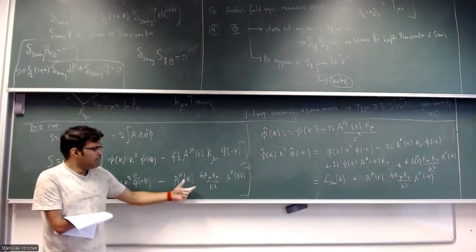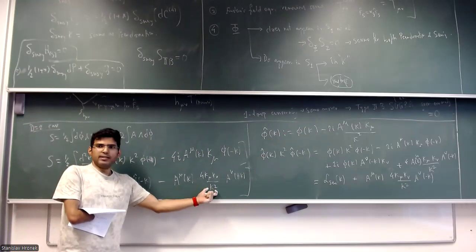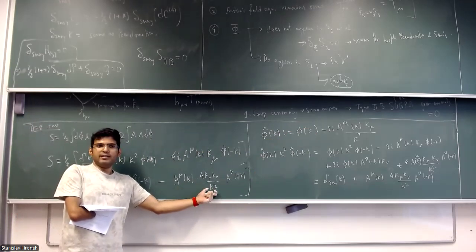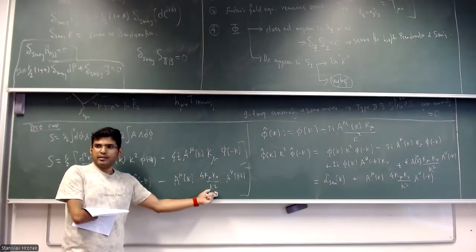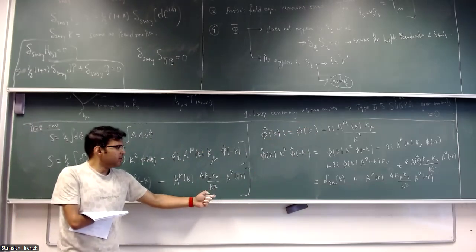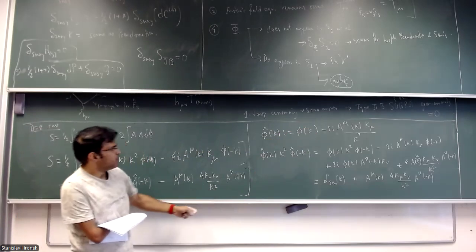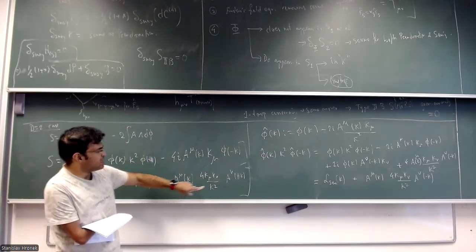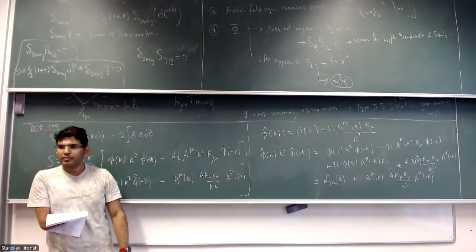And now you realize that this is the kinetic piece that is there. And so the propagator is going to be essentially the inverse of this. But while computing the inverse of this, we need to keep in mind that these guys are self-dual.